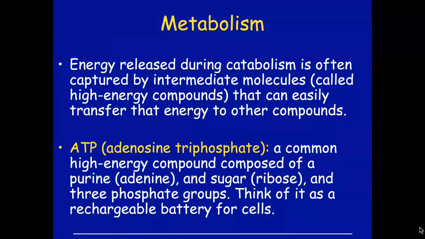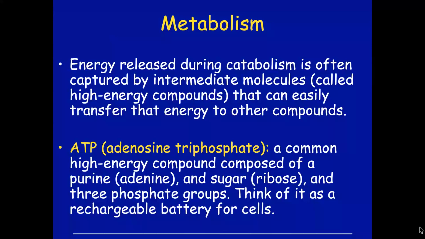The energy that we release during catabolic reactions is usually going to be captured in high energy compounds that can transfer that energy pretty easily to other compounds. And the one that we are all most familiar with is ATP, which stands for adenosine triphosphate. It is the most common high energy compound that you're going to learn about in biology.